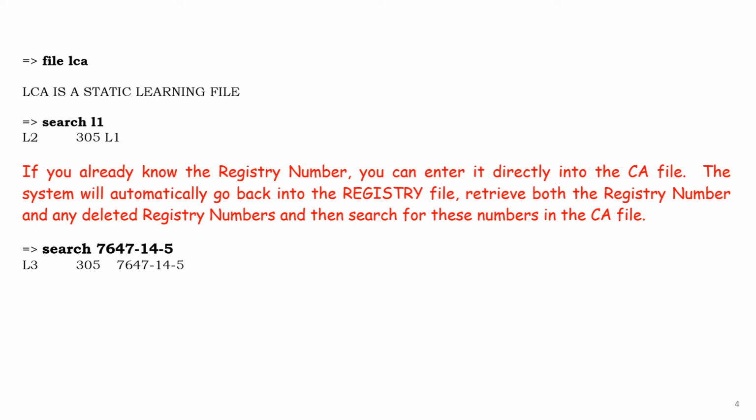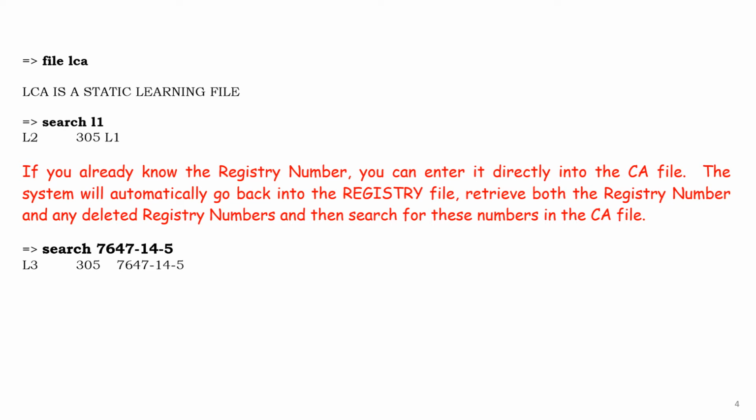Search L1, which is the answer set in the previous registry file, means you are searching the registry number. Here in this learning file in Chemical Abstracts, there are 305 records that mention sodium chloride. Again, this is a very small file. The regular file would have at least 10, 20 times, or 100 times more than this.